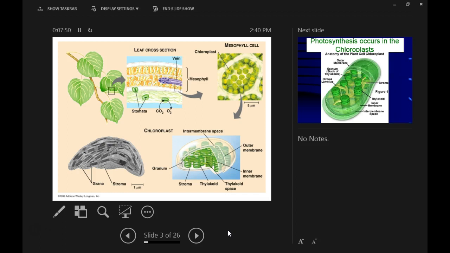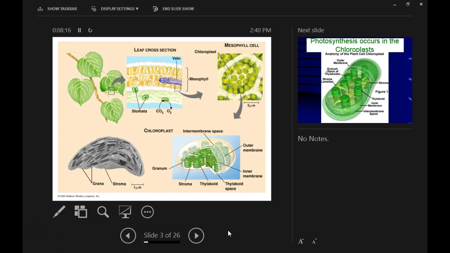Now, if you remember, in the interior of the chloroplast is this complicated membrane system. We have these little green discs, and these are called thylakoids. So each individual little disc here is called a thylakoid. The thylakoids are arranged in stacks.